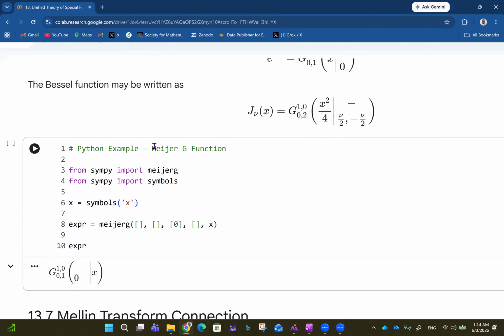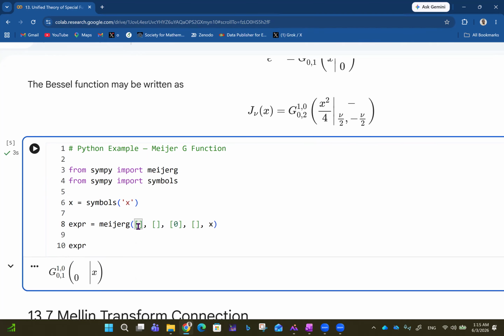So you can then import meijerg from sympy, and from sympy you can import symbols, and then you can have your expression. So if you put values in here, you can of course always get them back. So let's say if you have 1, minus 3, 4, I'm just putting this, let's see what happens.